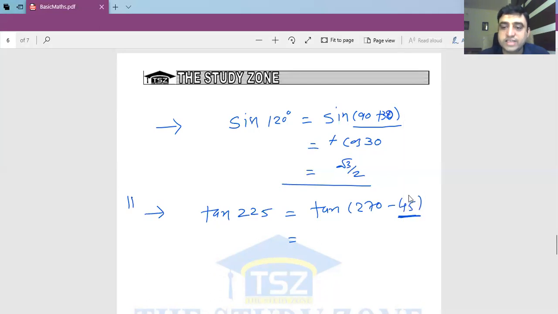It must be less than 90 degree. So as per the rule, tan will be converted to cot. Which quadrant is it? Third quadrant. In third quadrant, tan is plus, so this is plus. What is cot 45? That is 1.